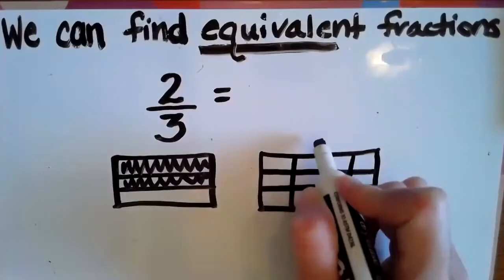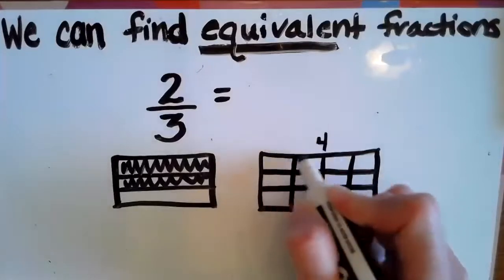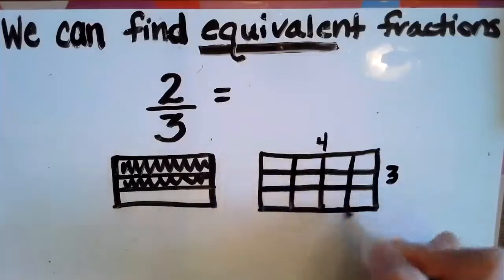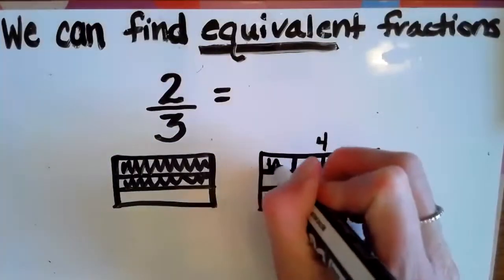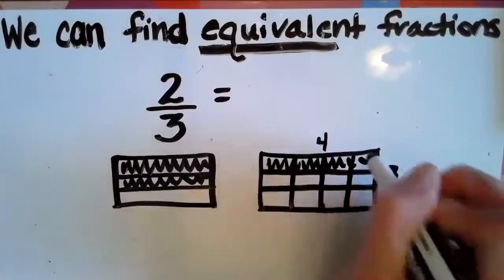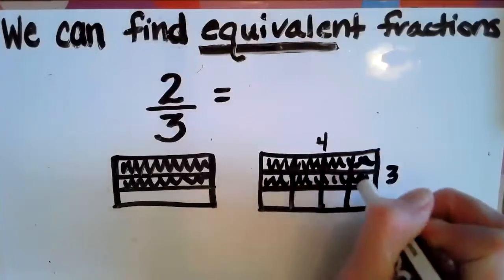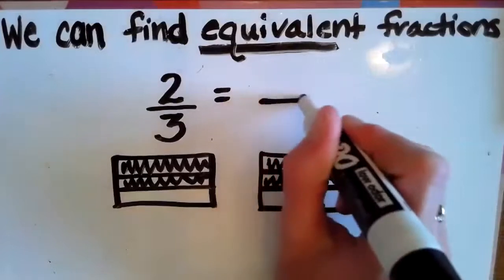If you think back to our area models, when we learned modeling multiplication, we know that if there's 4 going across this way, 3 going down, 4 times 3, I must have 12 total boxes. Now, if I shade in the same amount in this model as I did in the other, I will end up with an equivalent fraction.